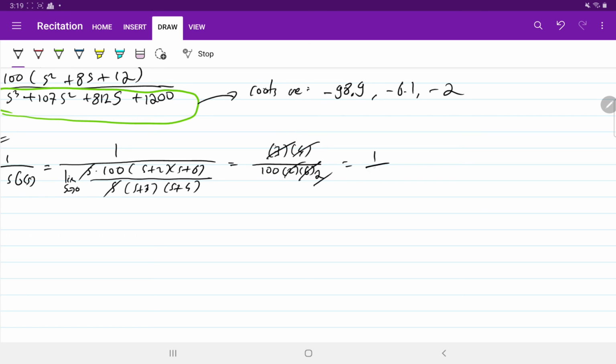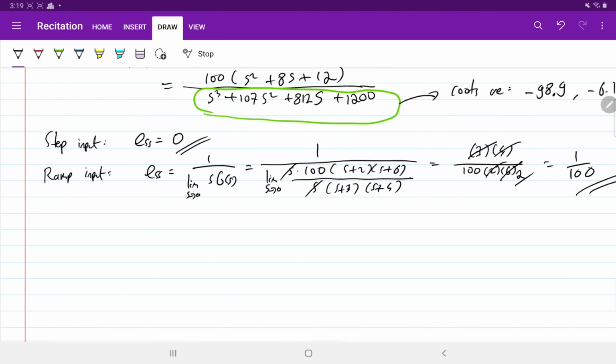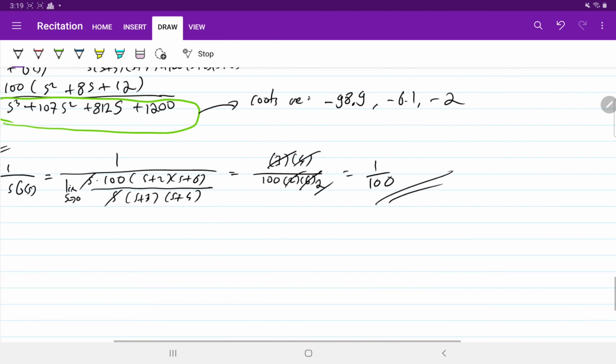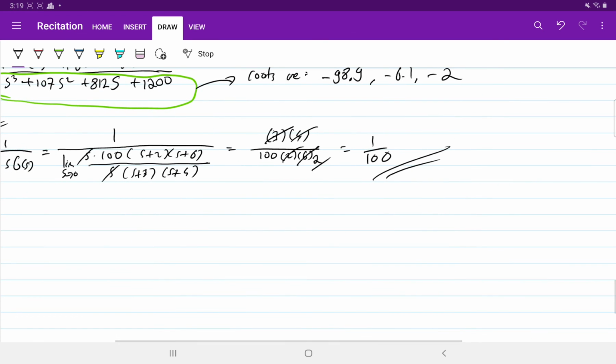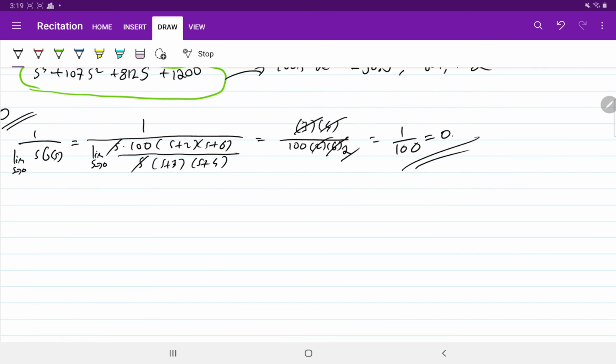So this is only 1 over 100. Okay, so the steady state error for the system with ramp input is 1 over 100, or 0.01.